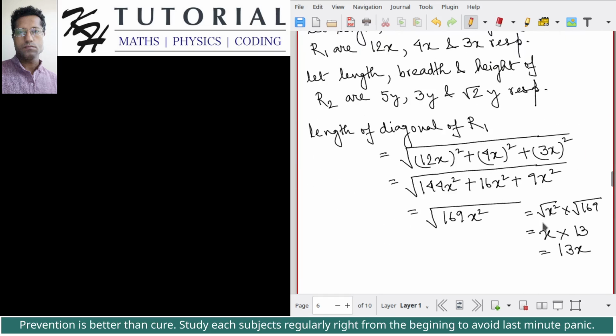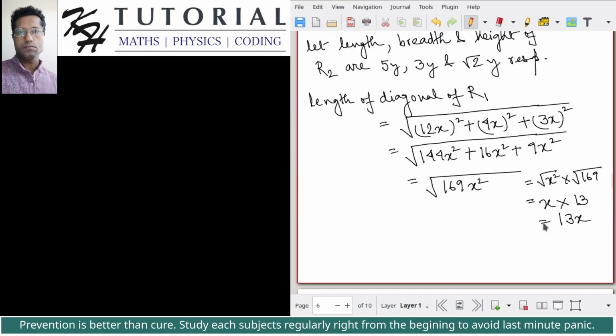Similarly, we can find the length of the diagonal of R2. I'm writing a little small as there is not much space left.